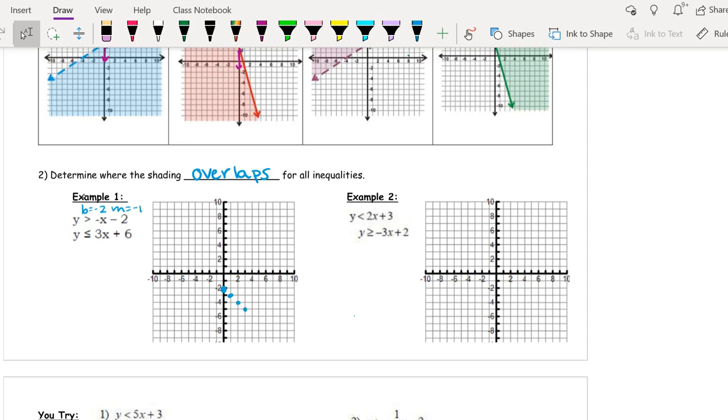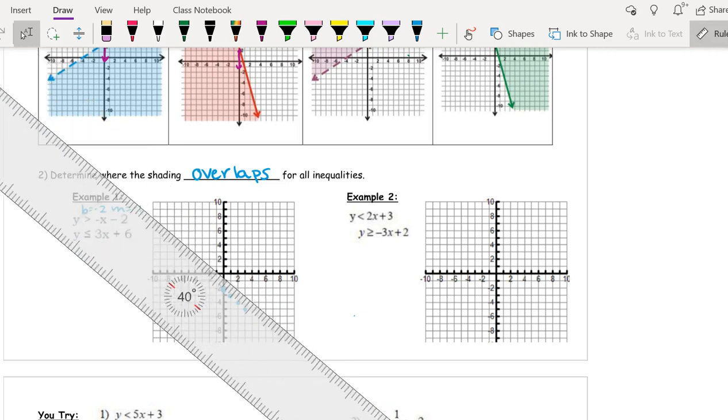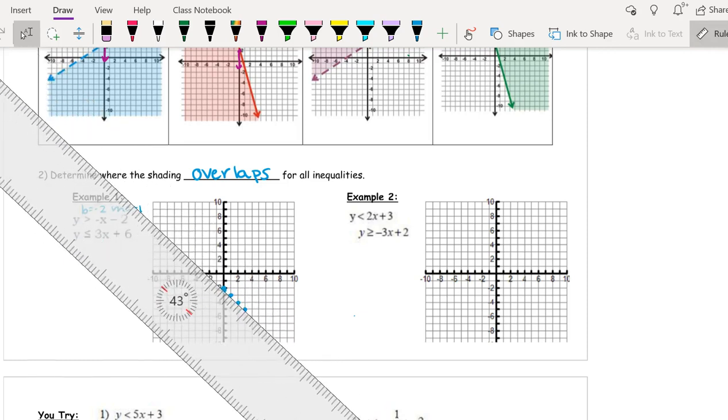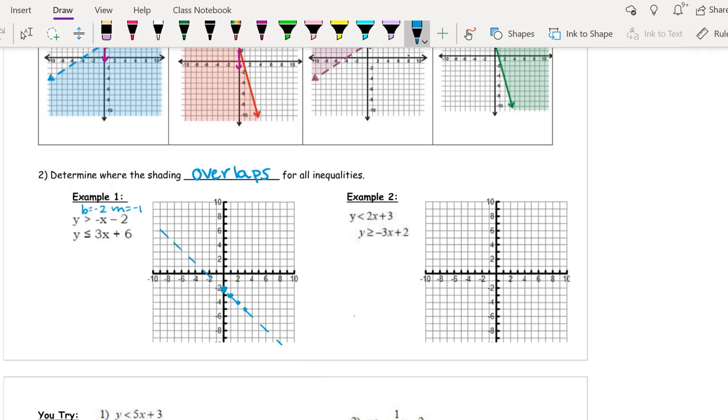This is going to be a dashed line, so I'm going to dash that line because it doesn't have an equal to symbol underneath. Now, because it's a greater than symbol, I should be shading above. Now I'm not going to shade yet, okay?